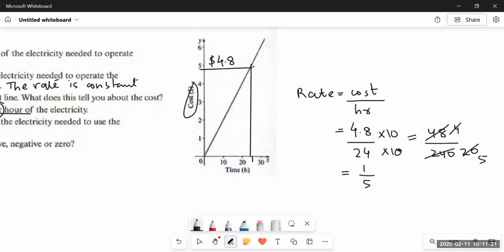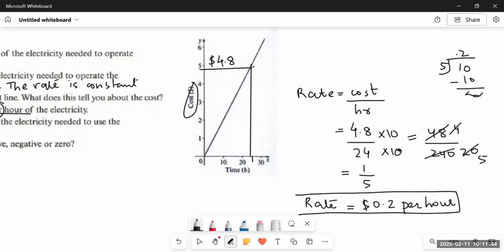And if we divide it, we will get the answer as 0.2. Because if you divide 1 by 5, put a decimal, here comes 0, 5 twos are 10. So the answer is $0.2 per hour. What does this mean? This rate tells us how much we have to pay to operate the machine for 1 hour. That is, if we operate the machine for 1 hour, we will pay $0.2.